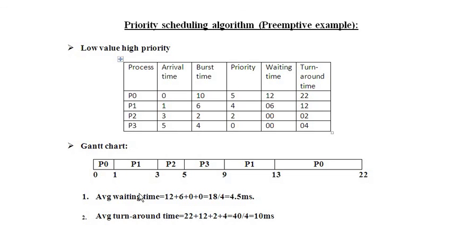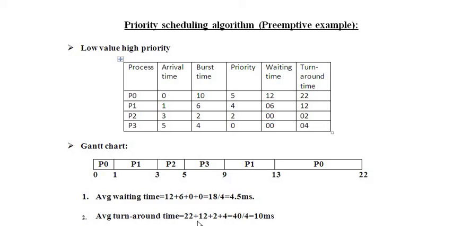This is the average waiting time, and turnaround time is waiting time plus burst time. See here, the waiting time of P0 is 12 and burst time is 10, that is 22. The waiting time of P1 is 6 and burst time is 6, that is 12. The waiting time of P2 is 0 and the burst time is 2, so 0 plus 2 is 2 milliseconds, and the waiting time of P3 is 0 plus 4, which is 4 milliseconds.